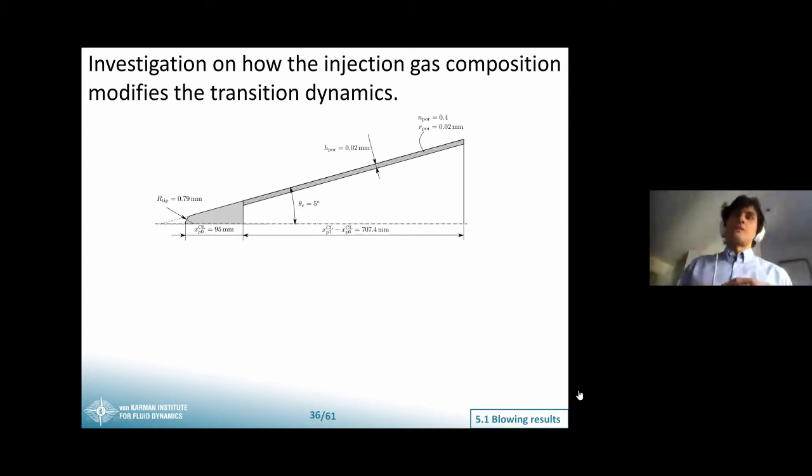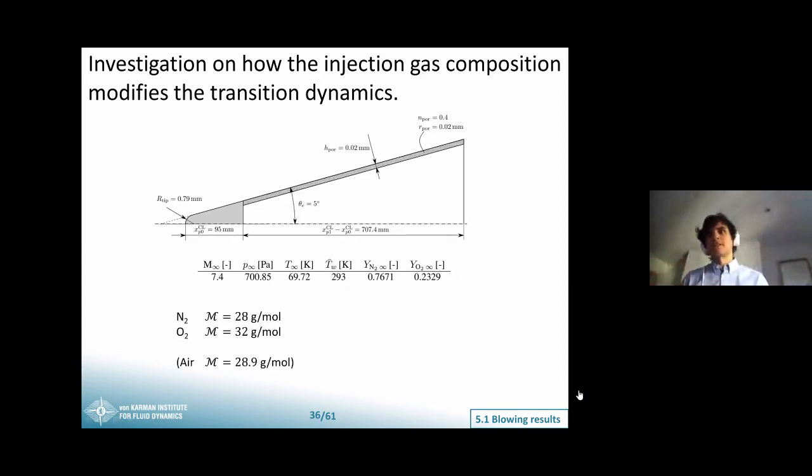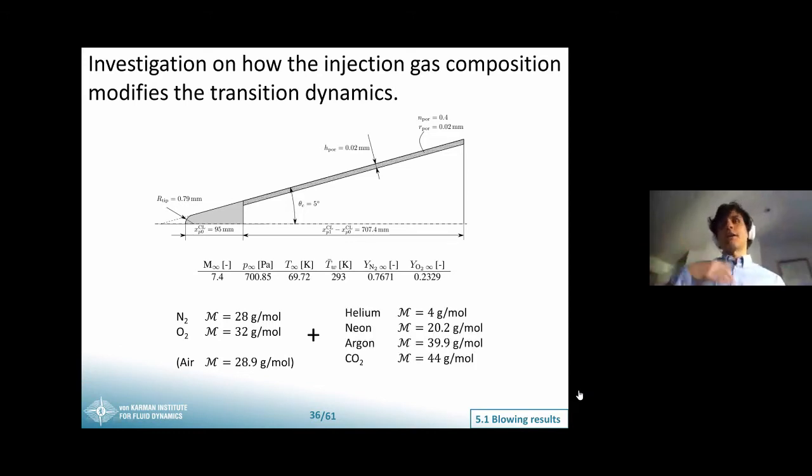So we chose a very similar geometry with very similar free stream conditions, and chose a test gas, which was just nitrogen and oxygen, so just air, plus an additional external non-reacting gas, which could be either helium, neon, argon, or CO2, which, as you can see, have very different molar masses. So we have the entire range of lighter than air all the way up to heavier than air.